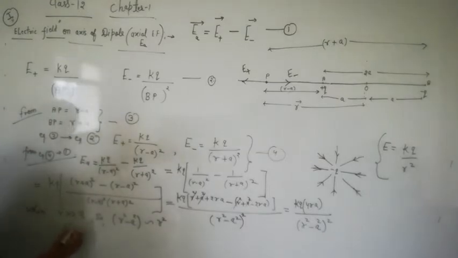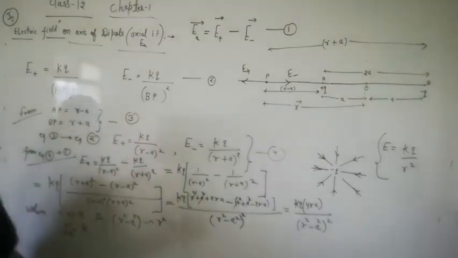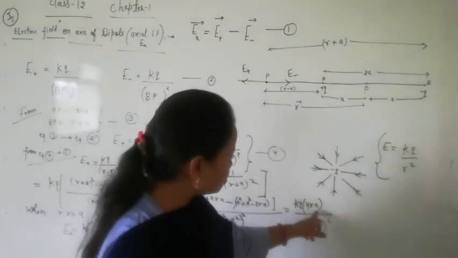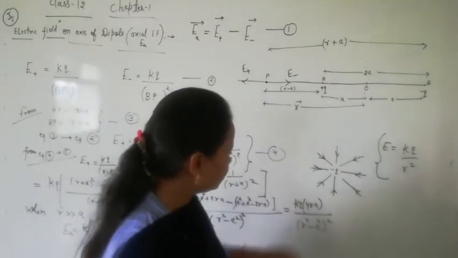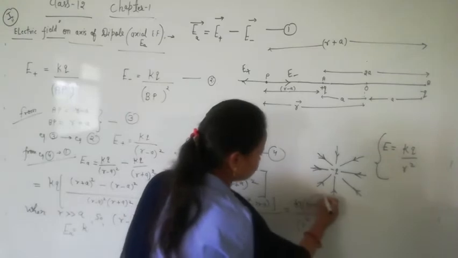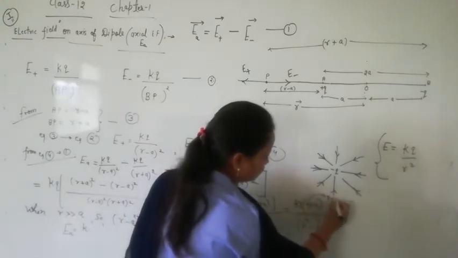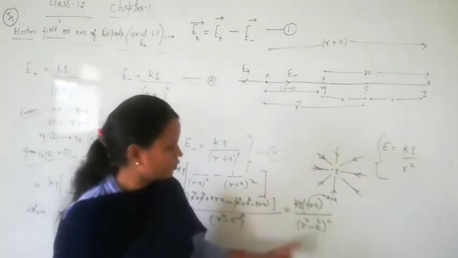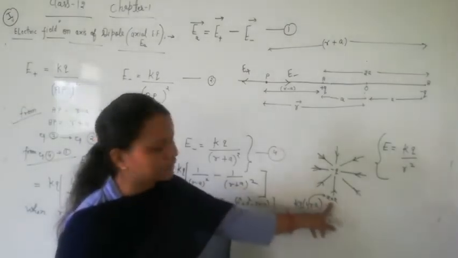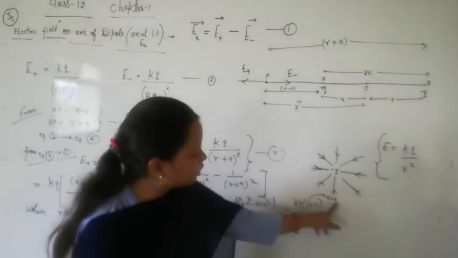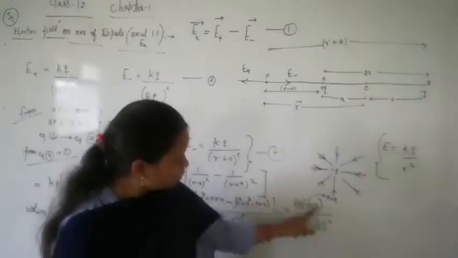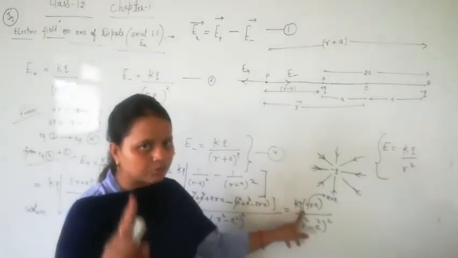The last derivation term is E axial equal to K. Look at this. We also arrange this term. How do we arrange it? 4 is equal to 2 and 2. 4 can be set as 2 and 2, and 2aQ is called the dipole moment.